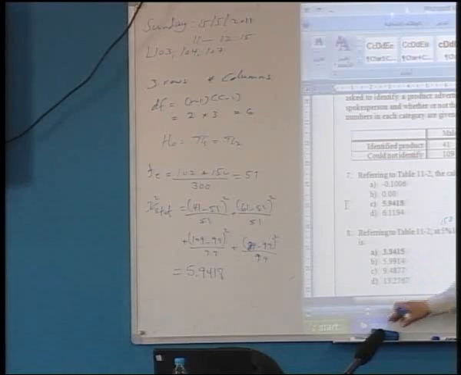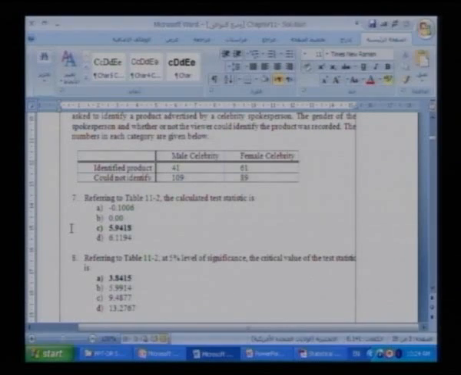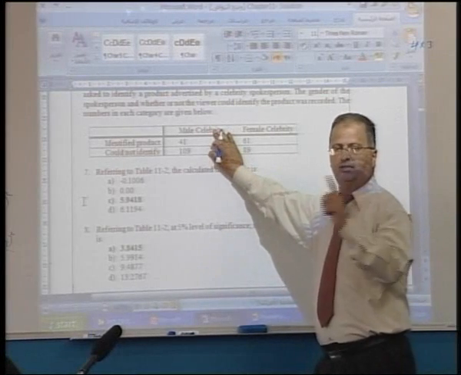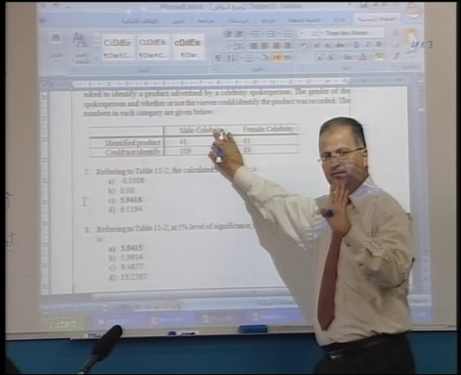Now, next one, referring to the same information, at the 5% level of significance, the critical value of the statistic. In this case we are talking about a 2 by 2 table, and alpha is 5%.